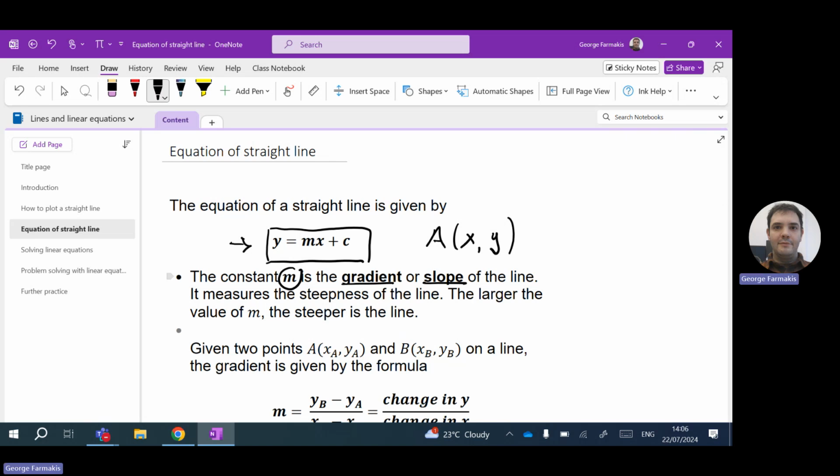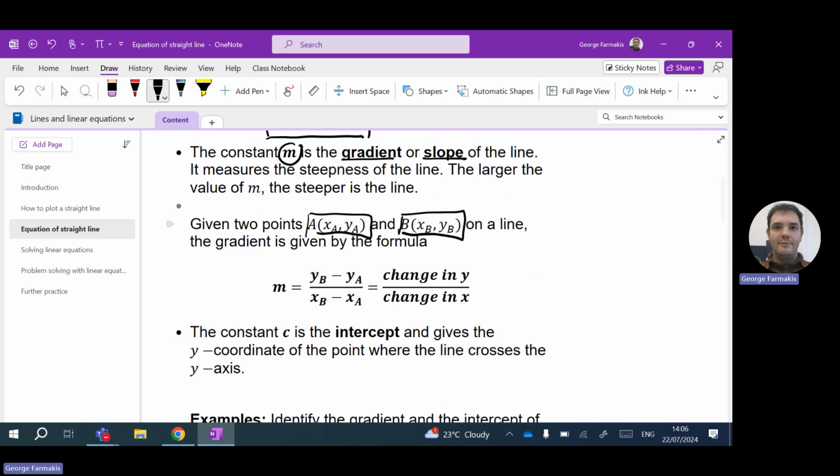We can calculate the gradient of a line if we just know 2 points. So if we know 2 points, A with coordinates (x_A, y_A) and point B with coordinates (x_B, y_B), then the gradient is given by this formula: change in y over change in x. So (y_B minus y_A) on the numerator over (x_B minus x_A), the denominator.